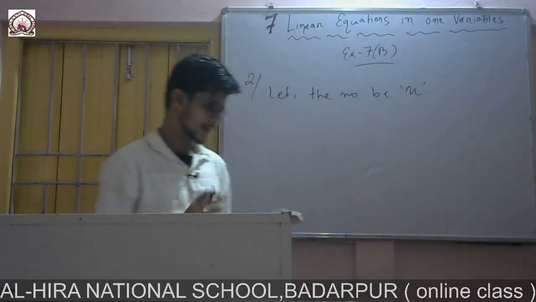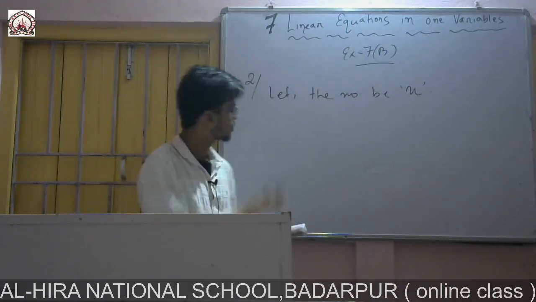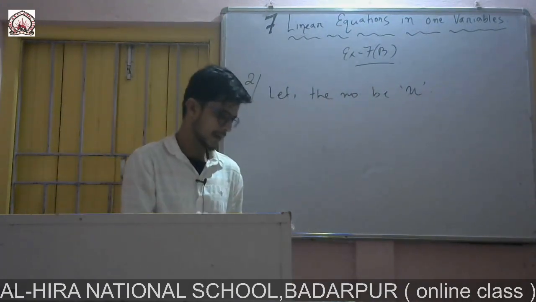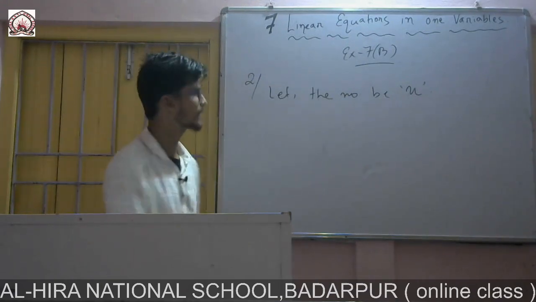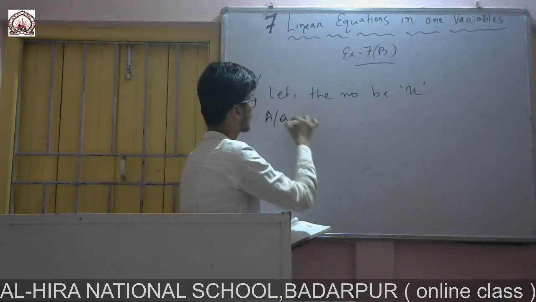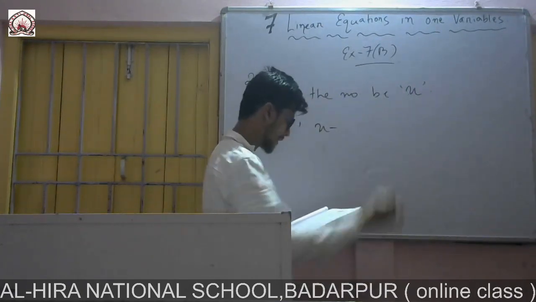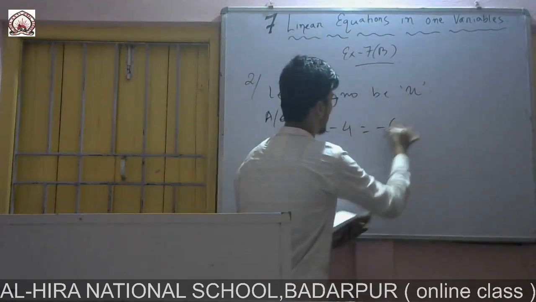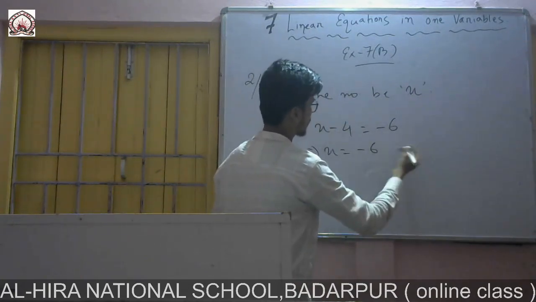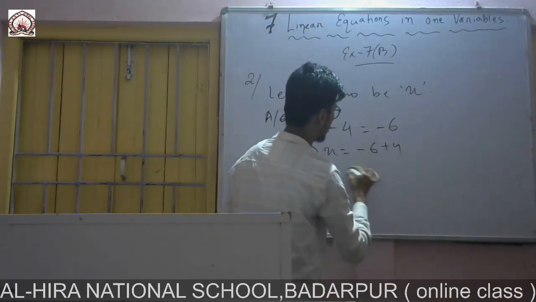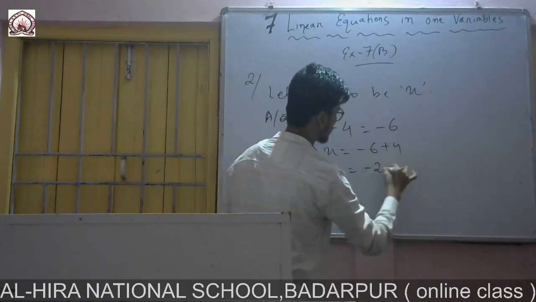So you have to find the number. So you will let it as x. According to question, number decreased by 4 equals to minus 6. So now I will solve this one. Minus 6 minus 4. If I transpose, it will be plus 4. So minus plus it is minus. So answer is minus 2.